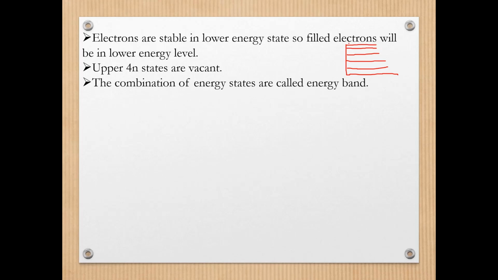Here these are the outermost orbits. So the electrons in these orbits are affected by the attractive force of the other atom.